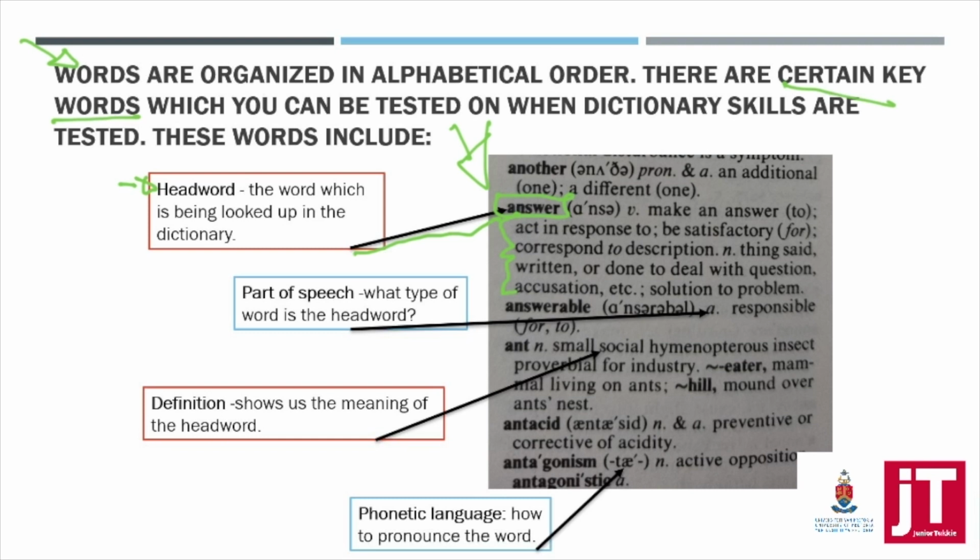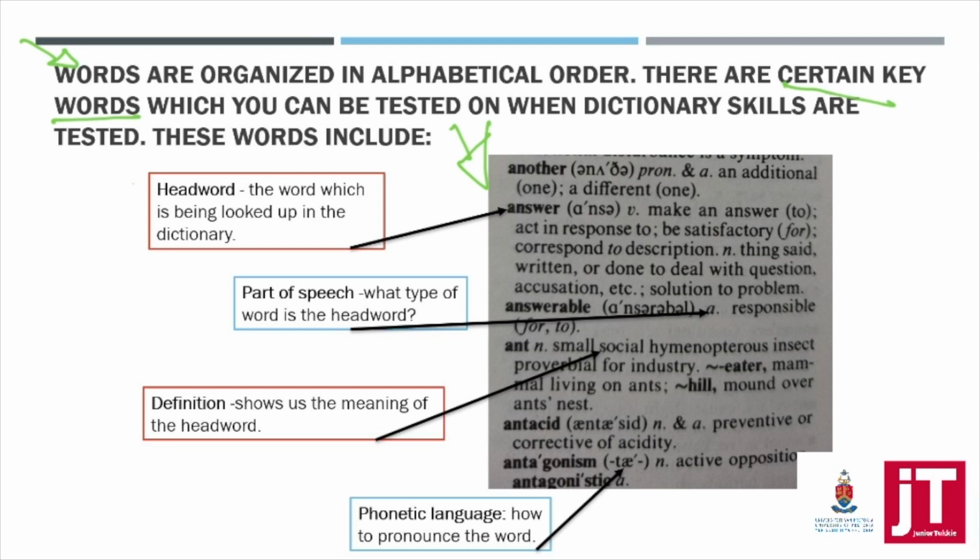Okay, similarly, let me just change color. Answerable is the head word, ant is the head word, and acid, and so on and so forth. All right, so that is the word which basically is in question. Now, it will then maybe ask you to identify the part of speech in the extract.